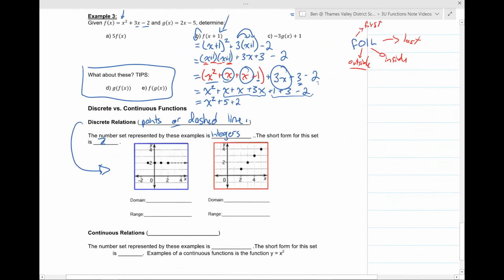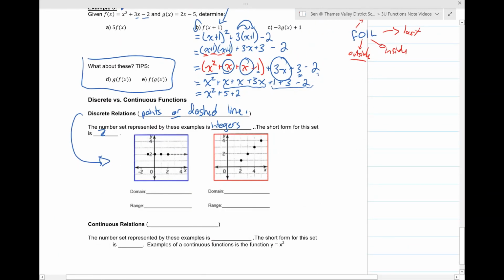Now, if we're looking at the domain of a function like this, so we're going to try and interpret these graphs. If I look at the domain, I'm going to look at all possible values of x, right?